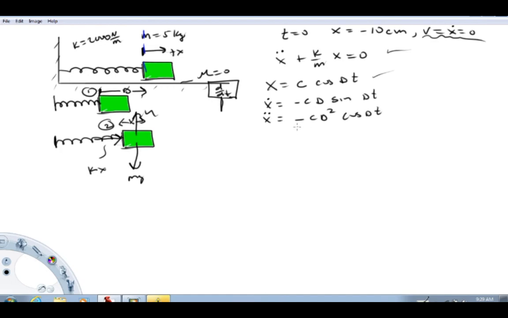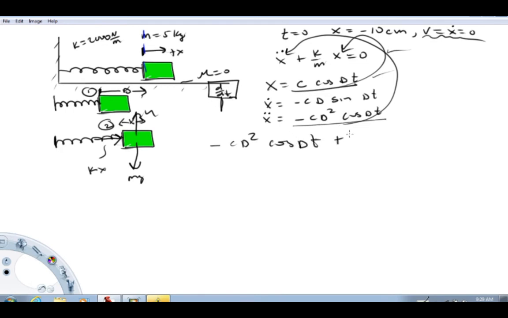The trick now: we're going to sub this here, and we're going to sub this right there. The resulting equation: minus cd squared cosine dt plus k over m times c cosine dt equals 0.